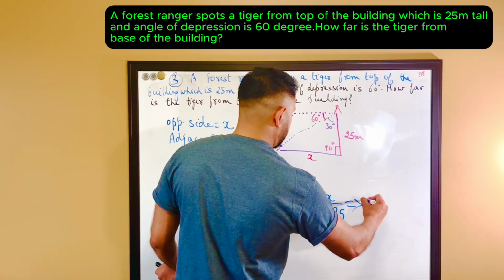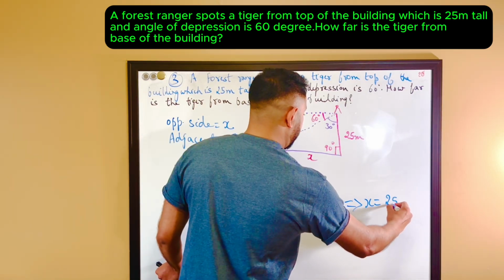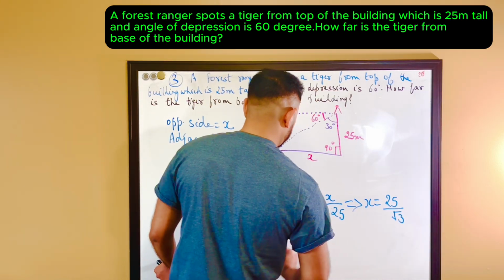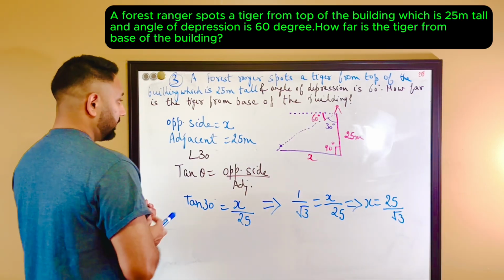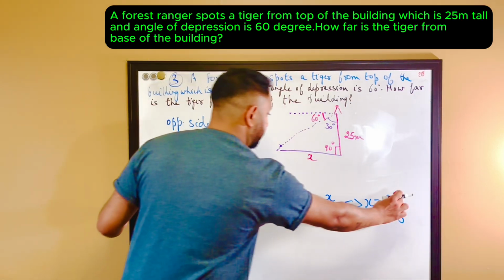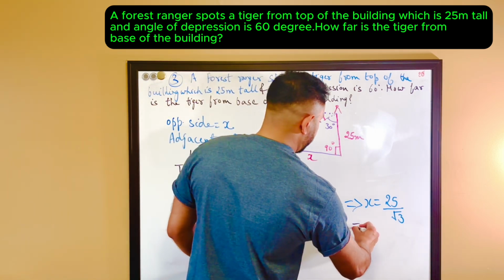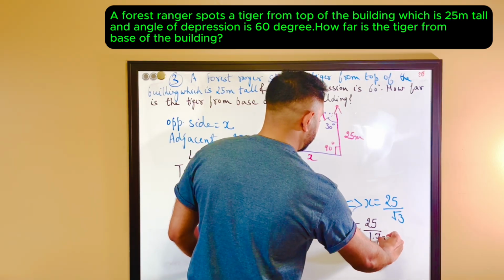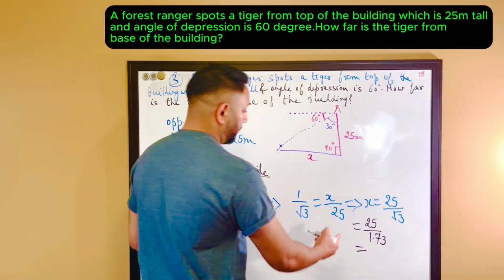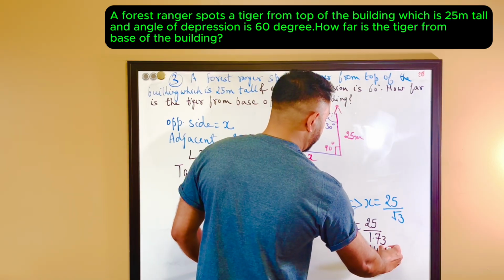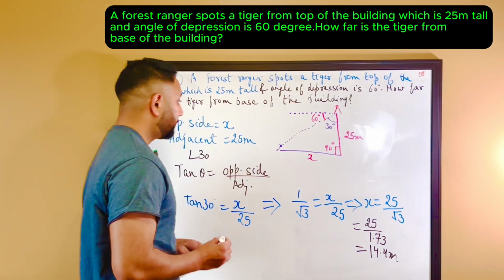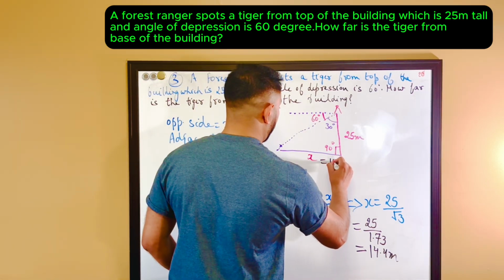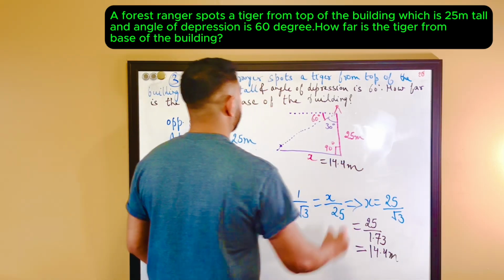So x is 25 by under root 3. So if we simplify this, the under root 3 is 1.73. So it comes out to be 14.4 meter. So that means the value of x is 14.4 meter.